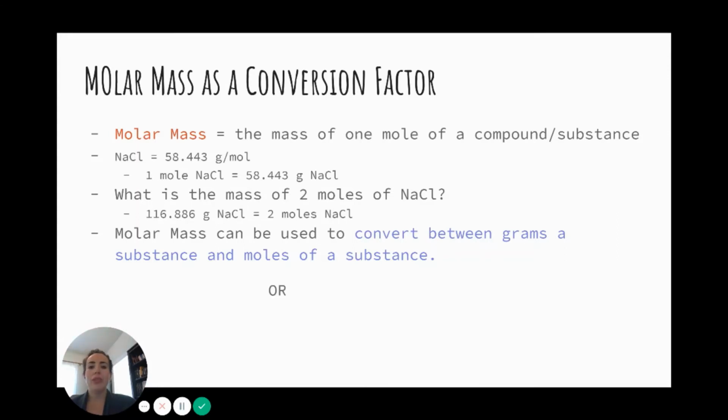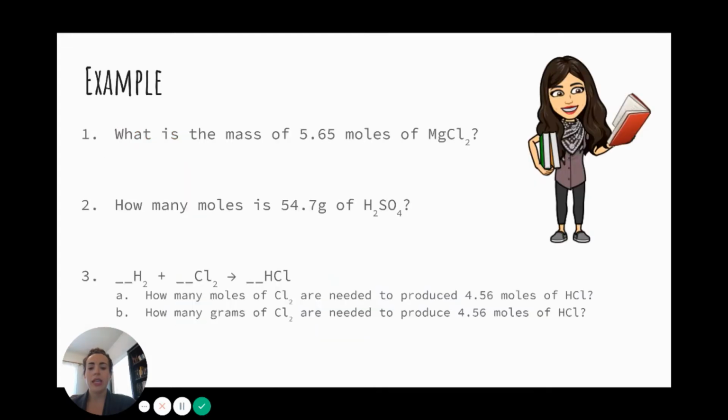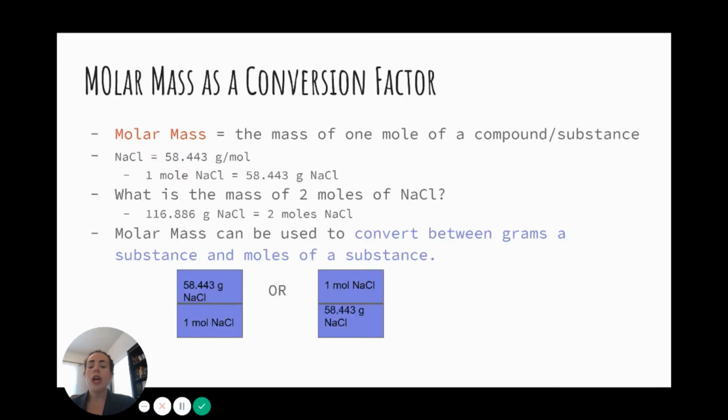We have 2 conversion factors that we can plug in using dimensional analysis. Our first one, we could have grams on top, 58.443 grams of sodium chloride over 1 mole of sodium chloride, because those 2 things are equivalent. Or we could flip the entire conversion factor and have 1 mole of sodium chloride over 58.443 grams of sodium chloride.